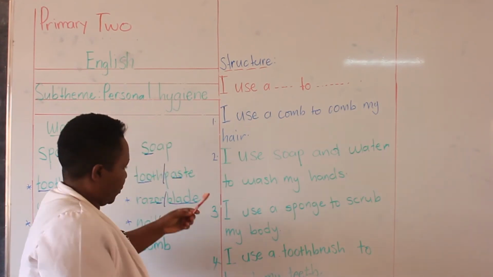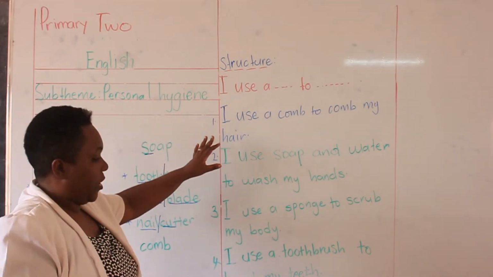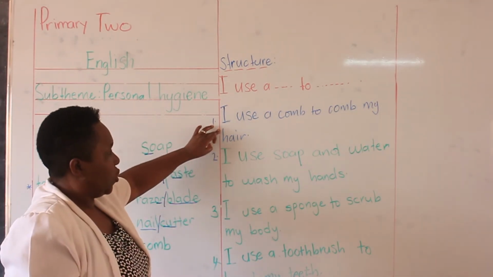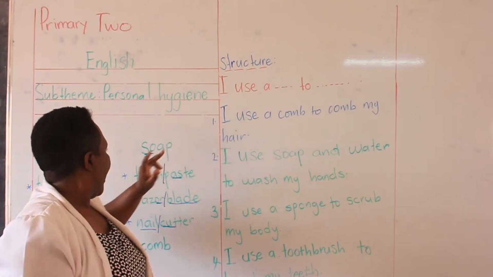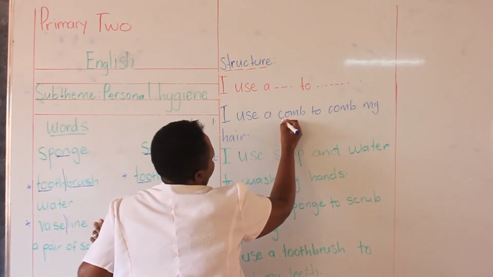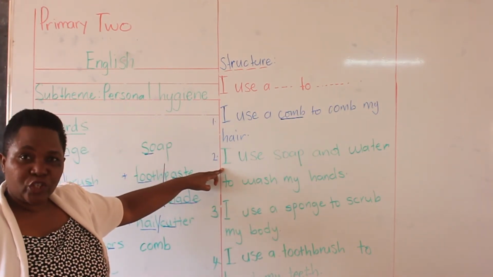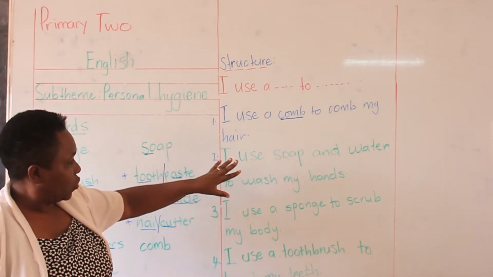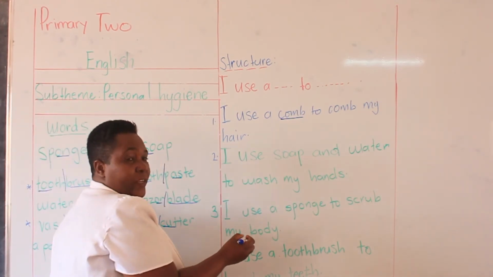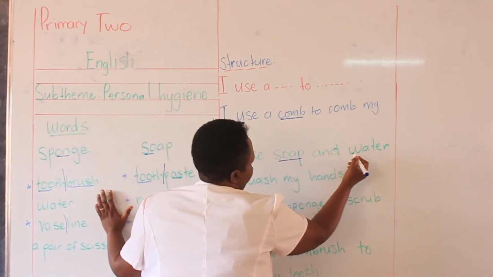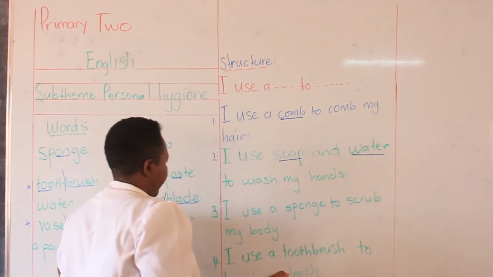So the sentences that we have today are: I use a comb to comb my hair. Our new word for today is comb. I use soap and water to wash my hands. It has two words of today. The words are soap and water.